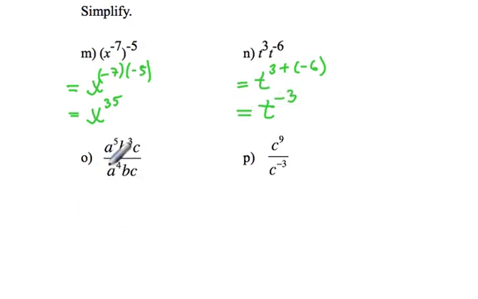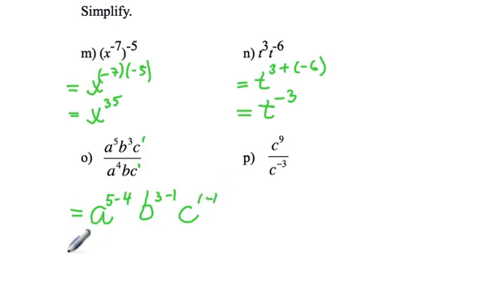Question O, we have three variables. We have a, b, and c. So here a to the power of 5 is divided by a to the power of 4. And when we divide powers, we subtract the exponents. So that's a to the power of 5 take away 4, b to the power of 3 take away 1, and c to the power of 1 take away 1.